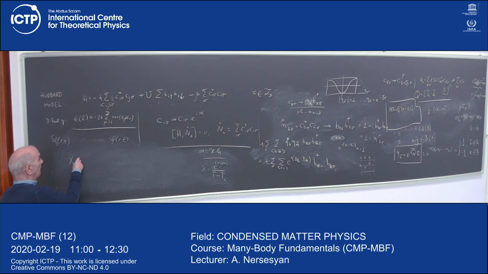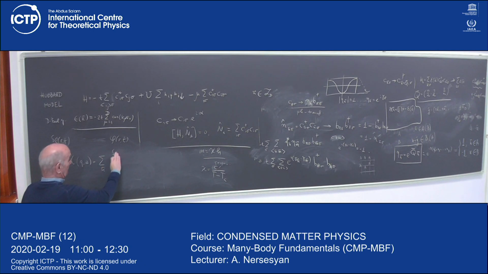which in case of electron gas, this I think you know, or at least you should know. Let me put it like this. It should look like this: f_k minus f_{k+q}, divided by omega plus epsilon_k minus epsilon_{k+q}.